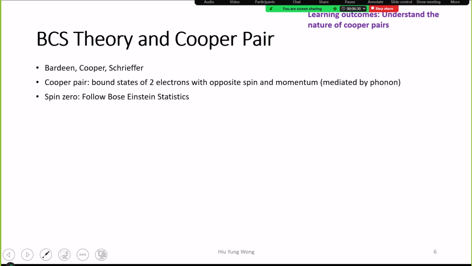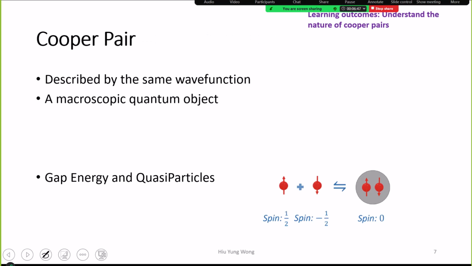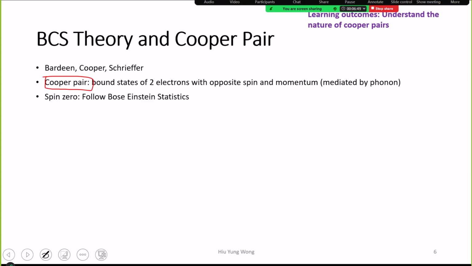Basically, you can think of the lattice as positive charge, and you kind of bring 2 electrons closer together, and then they become a Cooper pair. This is called a Cooper pair when we bond the 2 electrons together. I have the picture later. Maybe I'll explain that later.